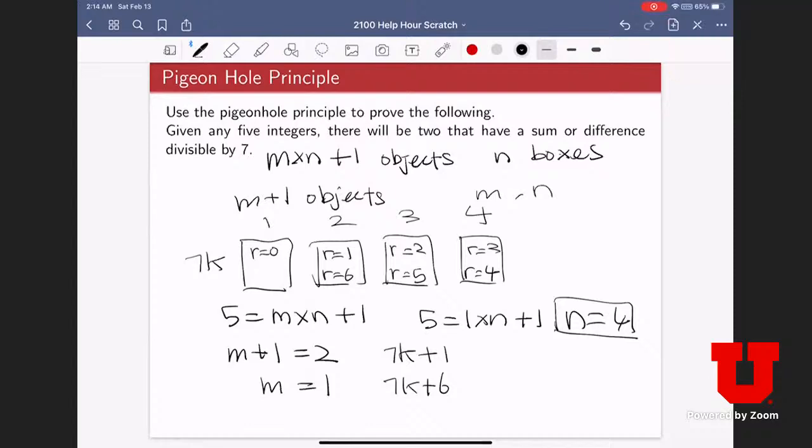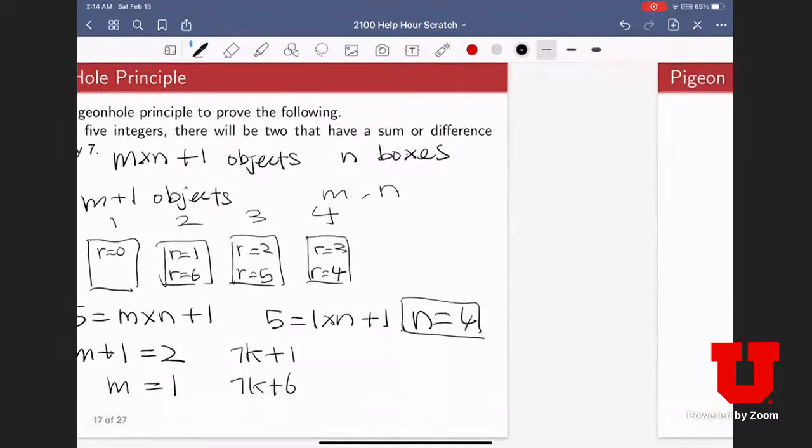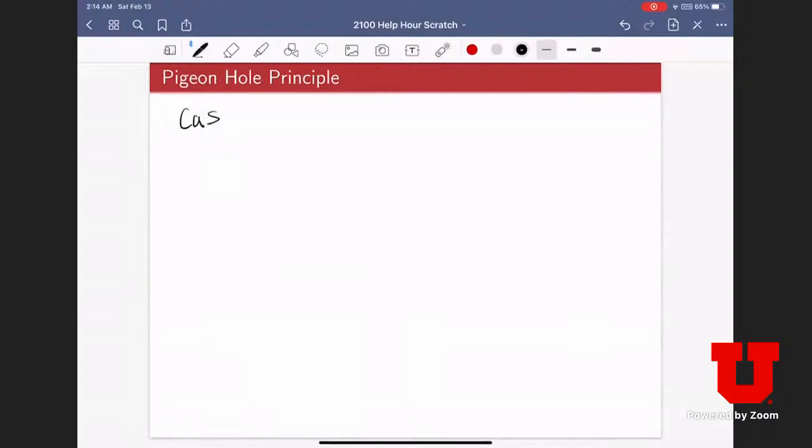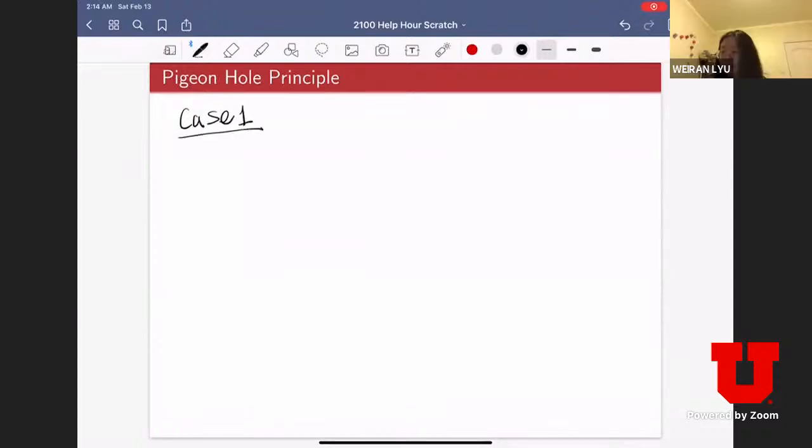I did 2 cases. The first case is if they have the same remainder, and the second case is if they have opposite remainders. Yep, you could. There's another way, where for each container you have specific cases, but essentially it's all the same. So you can just have 2 larger cases, as you said.